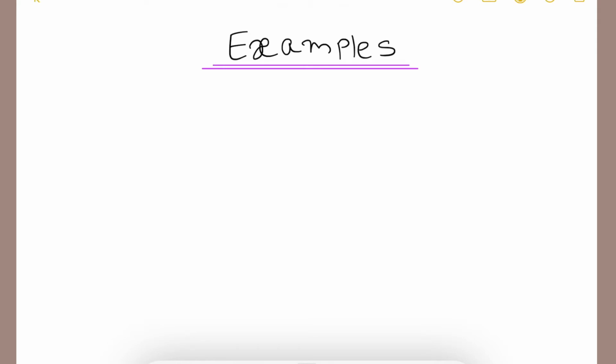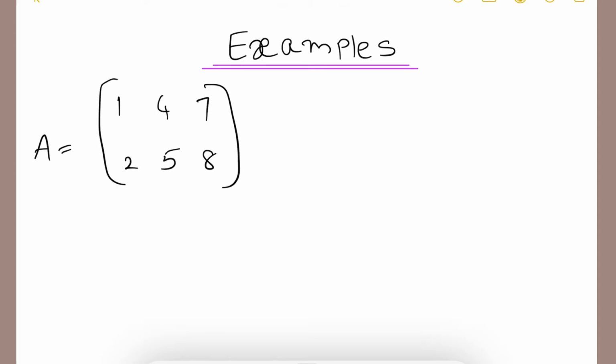Okay, example 3.3.3. Matrix A is given as [1 4 7; 2 5 8] and matrix B is given as [-3 4 0; 4 -2 -1].